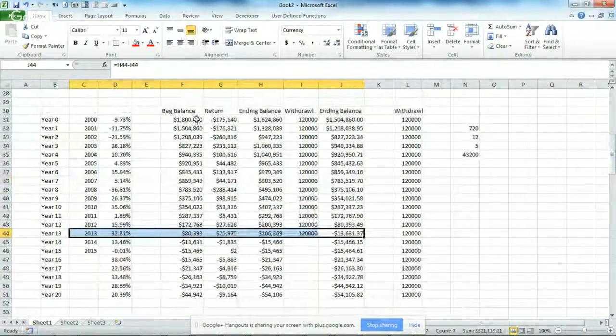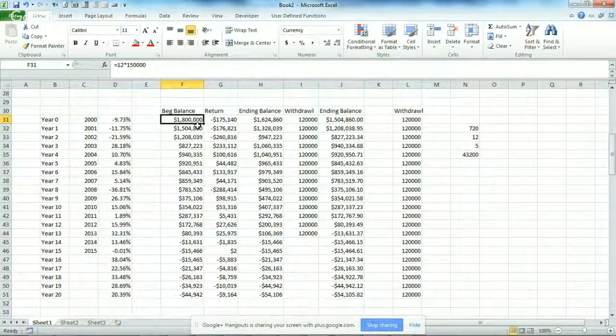You start with 1.8 million, you work so hard, you get that $1.8 million, 12 times your annual salary, and feel pretty good. That's a significant amount of money. And then you are withdrawing like 10% of 80% of your final year salary.